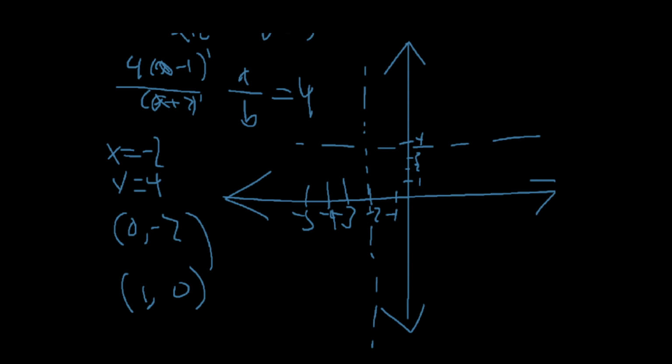Okay, and then, so it's 1. So let's draw the x-intercept. So there's an intercept right here, and then there's one right here. So it goes this way.